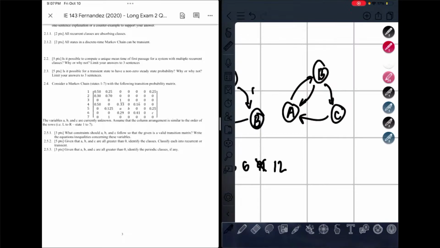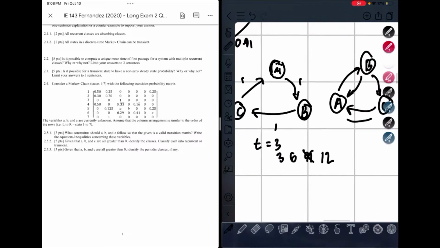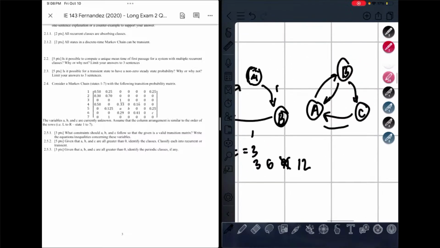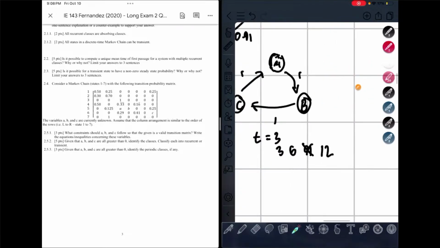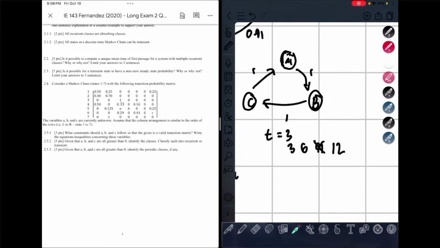Wait, kailangan pala ng isa pa. Right, so does this example make sense? Wait lang. Okay, I don't think this is a valid example pala, sorry. Pero, can't visualize it right now.